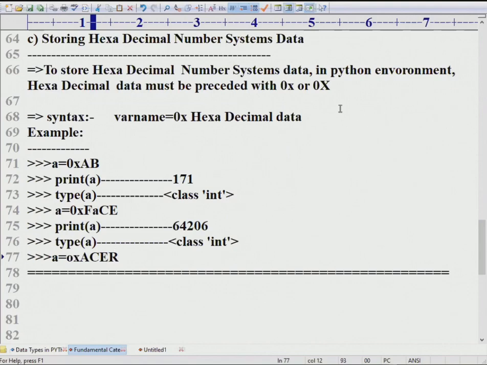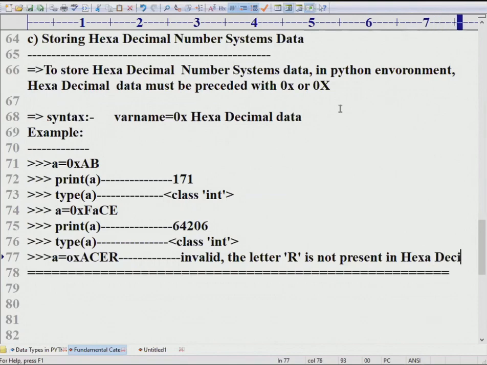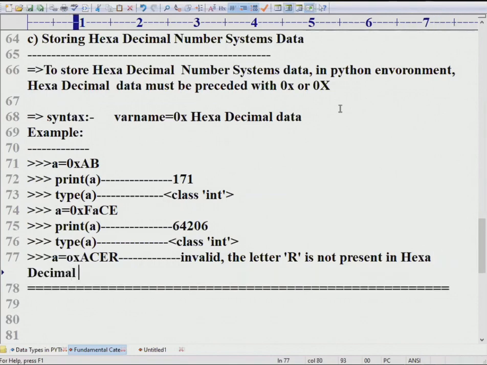Valid or invalid? Invalid. Why invalid? Very good. The letter R is not present in the hexadecimal number system.